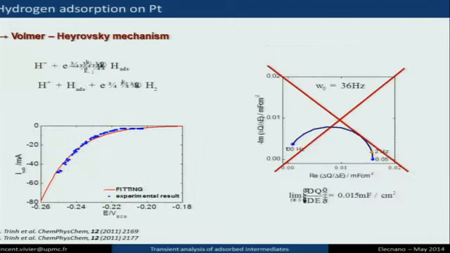But if we assume that it's a Volmer-Heyrovsky mechanism, we can fit the CV curve, but we cannot fit the capacitance of the electrode. And the charge obtained at the end is much smaller than the one we get experimentally.